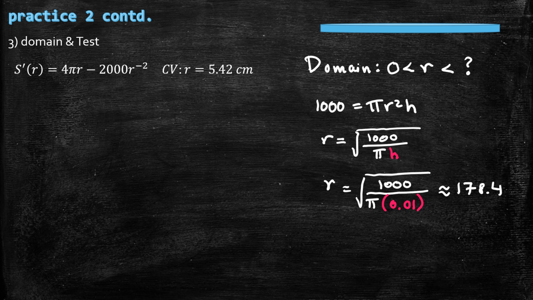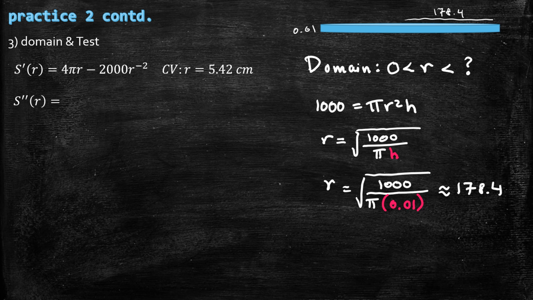With a height of 0.01, the radius would be 178.4. It doesn't look like it would have a very big volume, but I could keep taking smaller and smaller values of h, and get r bigger and bigger. So it feels like there's no sensible upper limit to the radius. So we won't be using the candidates test because we don't have a fixed interval for r.